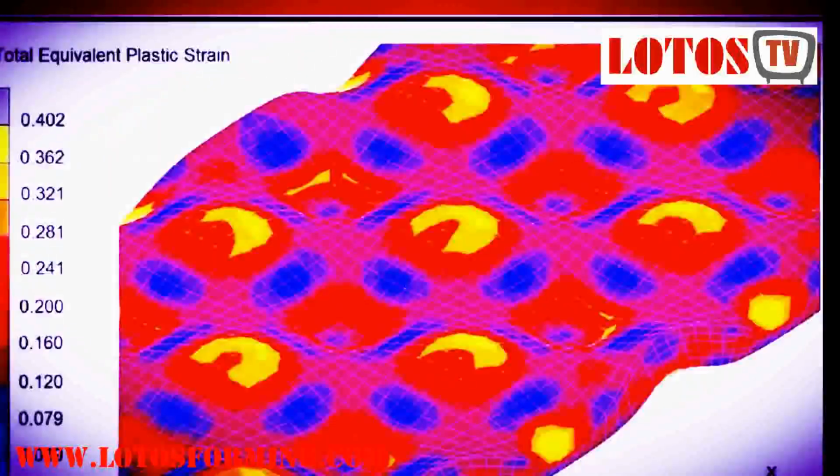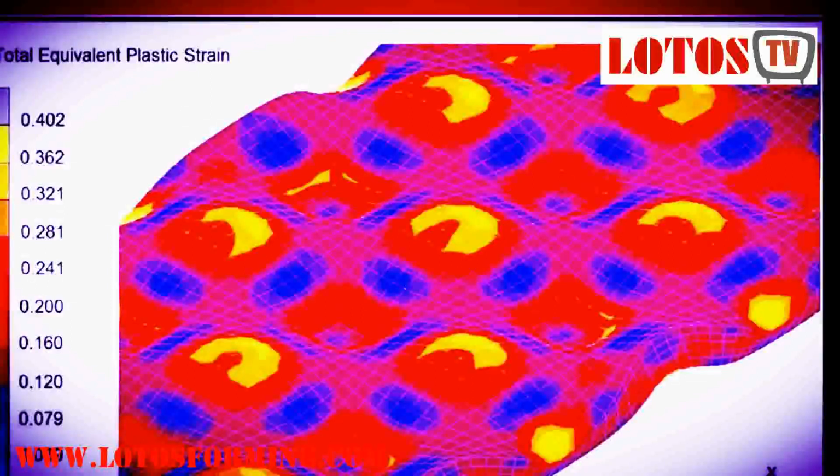If you have a closer look at the strip, you can see the plastic strain distribution all around the strip, and the mesh is also represented here. You can see a lot of plastic strain developed at the top of the dimple, and less plastic strain developed around the valley of the dimple.